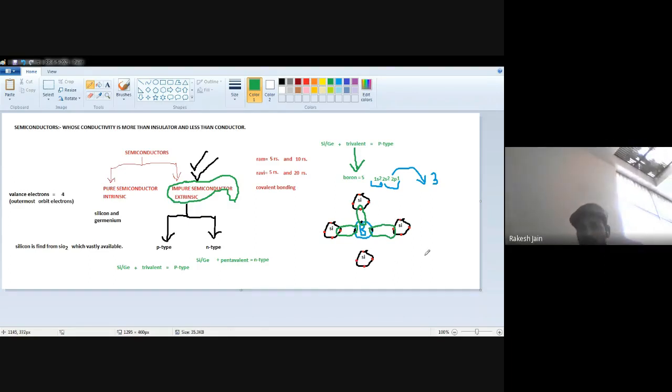So from the other side, one electron, because it requires 1 more electron. Because boron only consists of 3 electrons, so on 3 sides it makes a covalent bonding, but 1 more side is there. So to make the covalent bonding from some other side, electrons will break, and electrons will move and come here. After coming here, they will be able to make a covalent bonding.